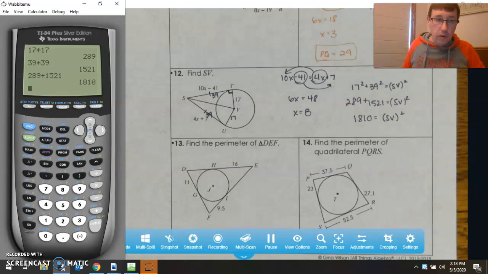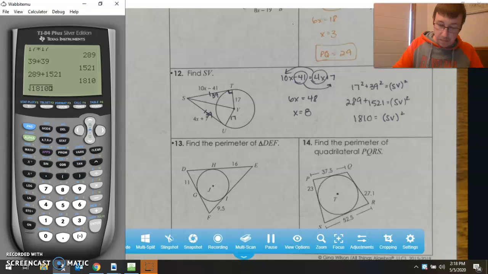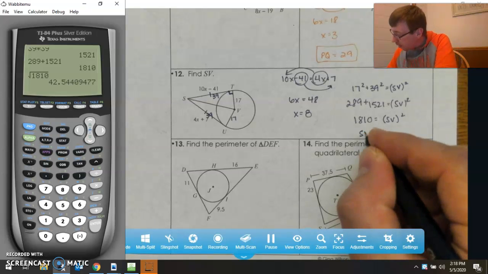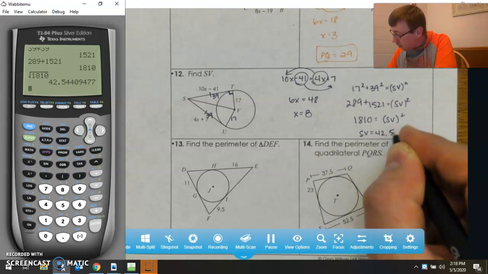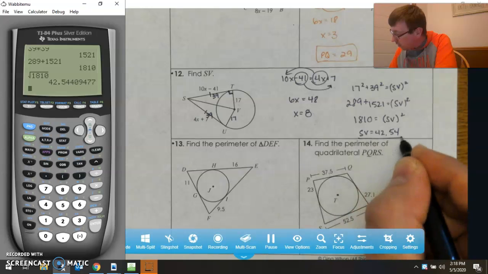If I take the square root of that, I'll get 42.54. And that's the distance we're looking to find.